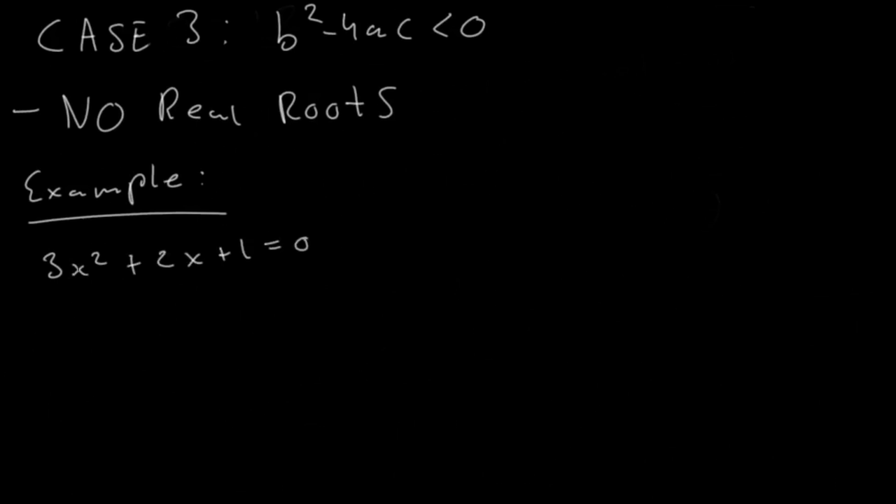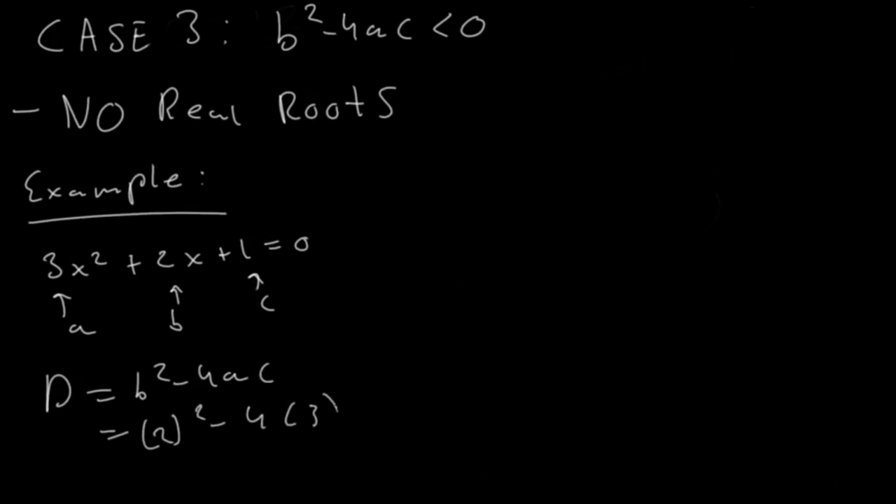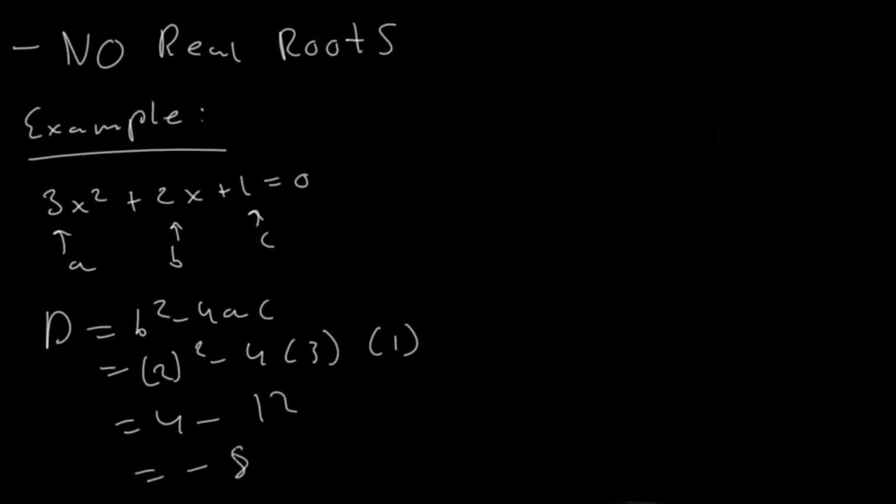In this case, let's list out our a, b, c values as normal. Plug it in. Your discriminant is equal to b squared minus 4ac. So 2 squared minus 4 times 3 times 1. It becomes 4 minus 12, and this is equal to negative 8.